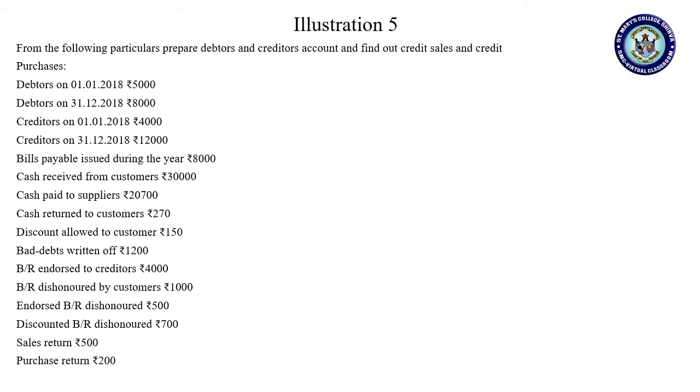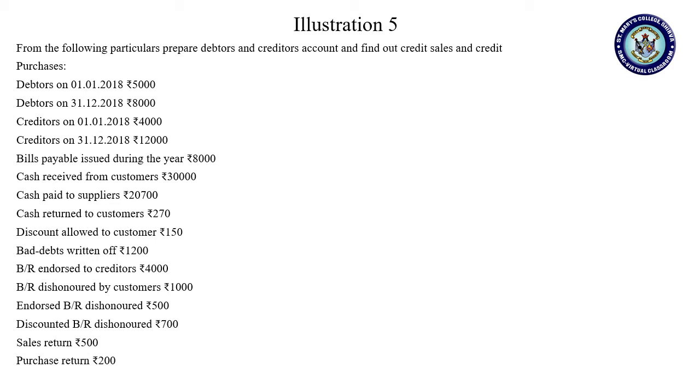Now, what is the journal entry? It is nothing but creditors account debit to bills payable. Same logic: if a transaction decreases the credit balance of the creditor, you have to record it on the debit side, because it is opposite to the opening balance.